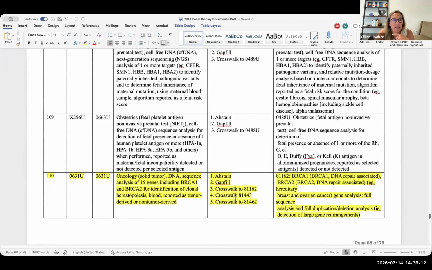Yeah. And it's doing that because it's looking at cell-free DNA and leukocyte-derived genomic DNA. They say blood reported as tumor-derived or non-tumor derived. I do not know what that specifically means, but to me, this is CHIP assessment. Right. Yes, it's a CHIP assay.